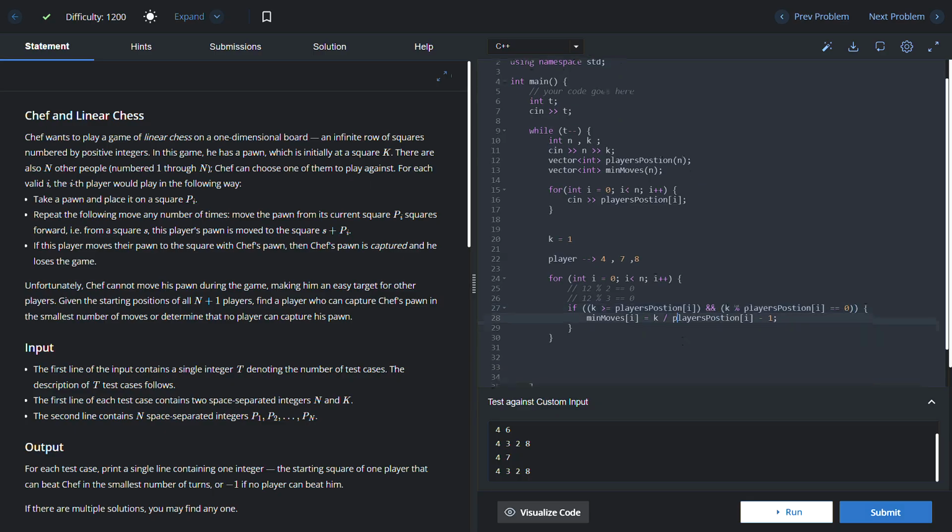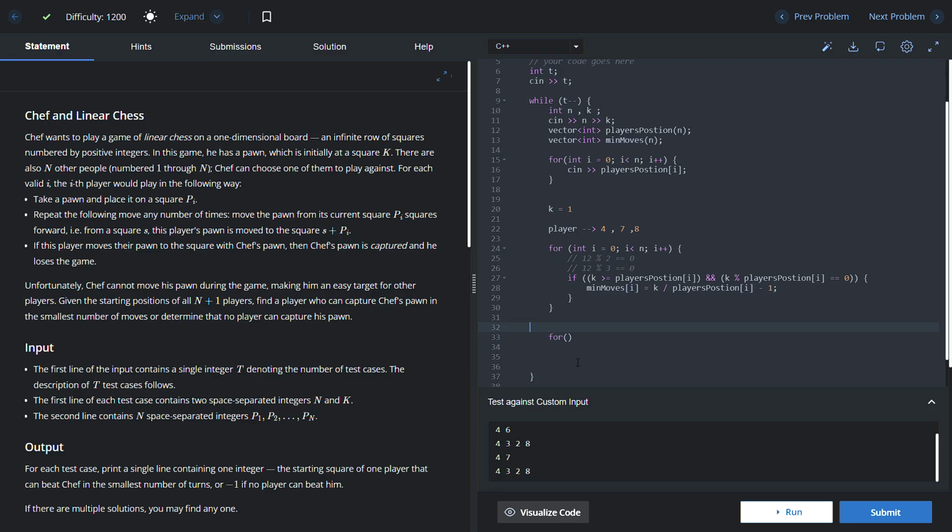Okay. Now we have the minimum moves by each player who is compatible. So now we need to find the minimum moves for that player. How can we find that? We have I, right.